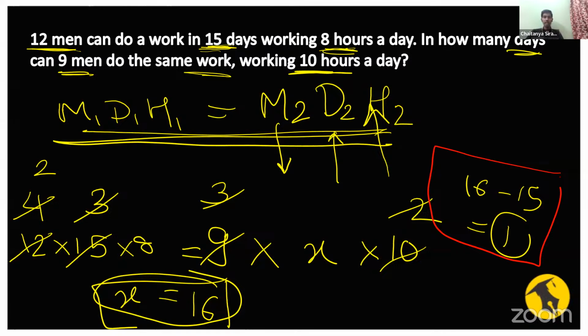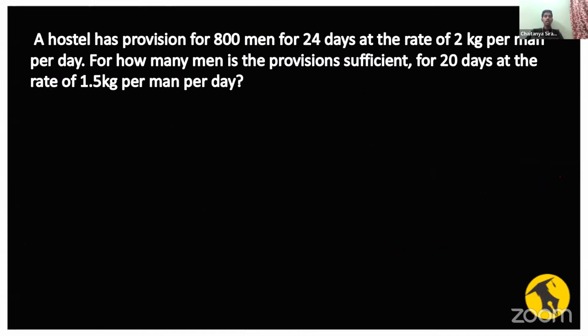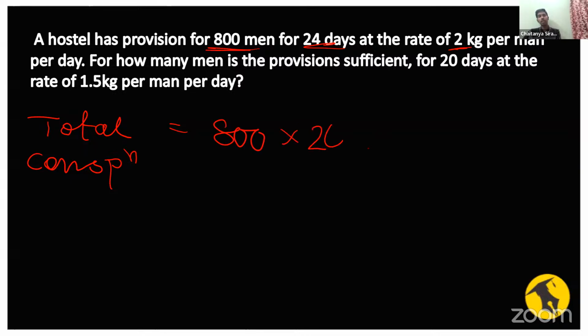Okay, moving ahead with the next question. A hostel has a provision for 800 men for 24 days at 2 kgs per man. So we can calculate total consumption, or how much food is required. 800 men for 24 days consume 2 kgs.